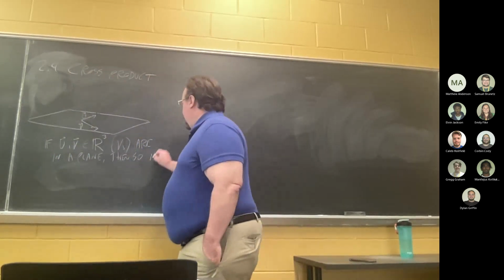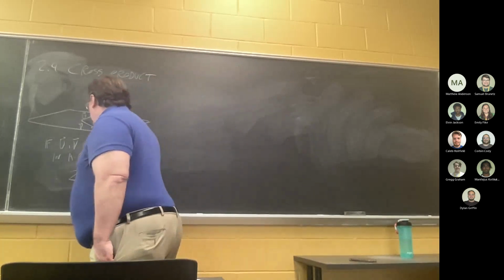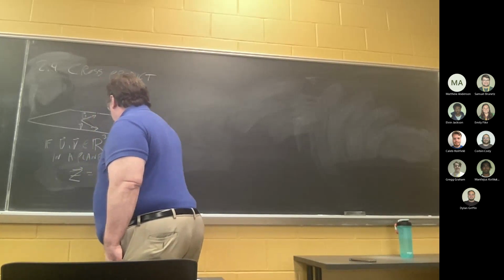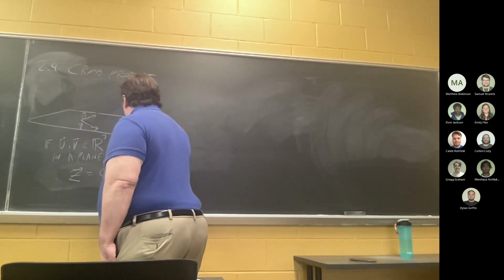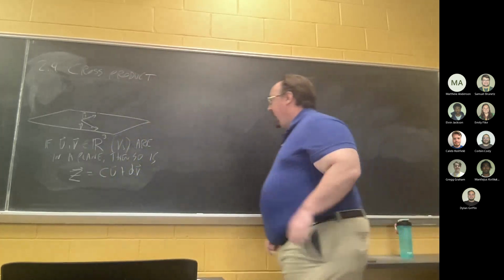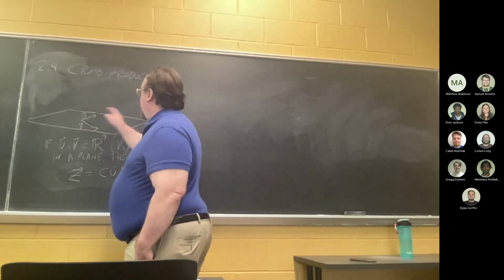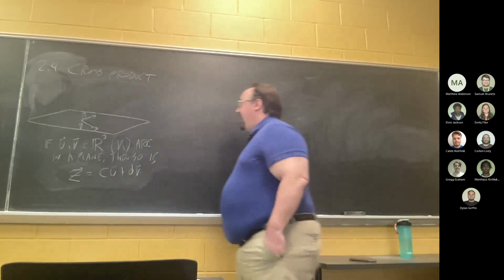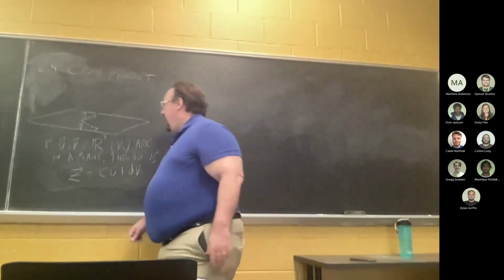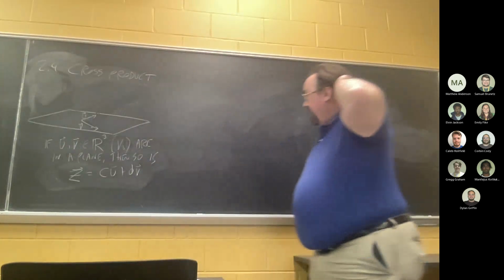Then any linear combination of U and V, and by that I mean multiplying U and V by scalars C and D and adding them up, would also be in the plane. So I could think of this plane as being defined by all possible linear combinations of the vectors U and V.